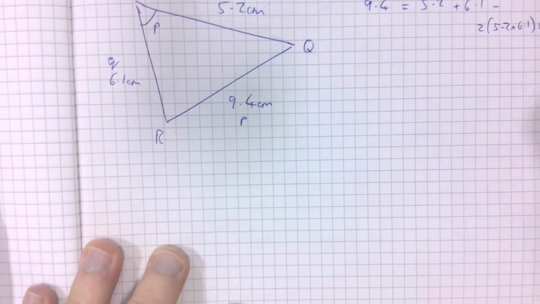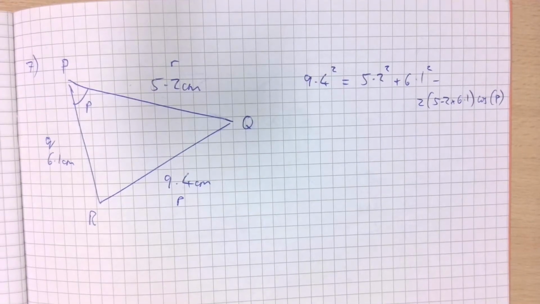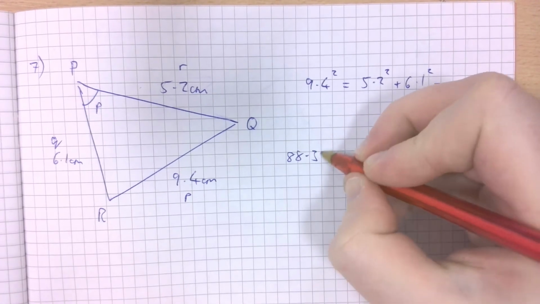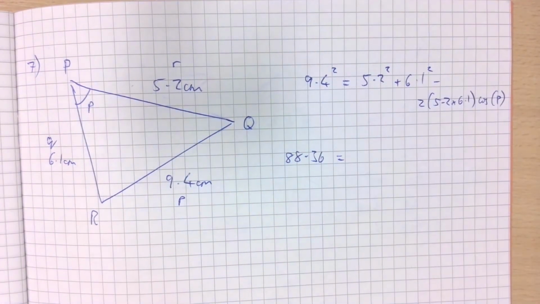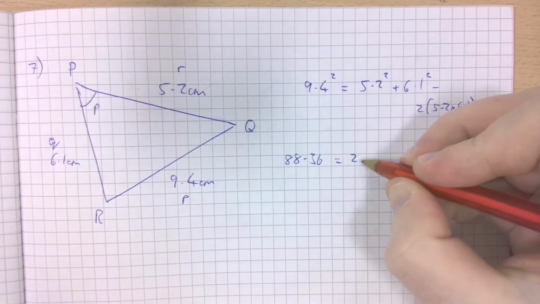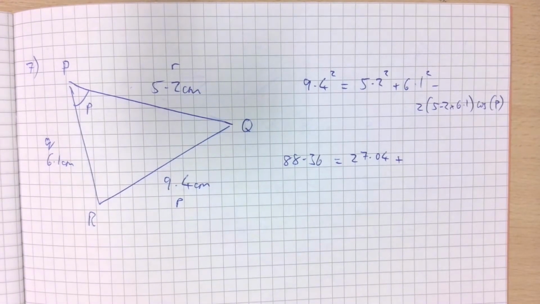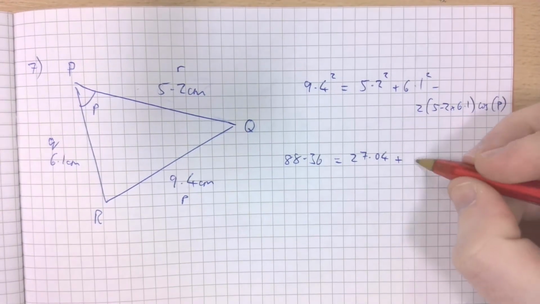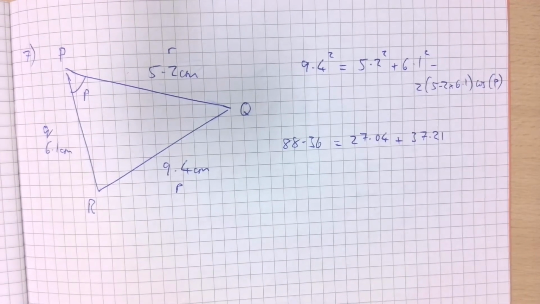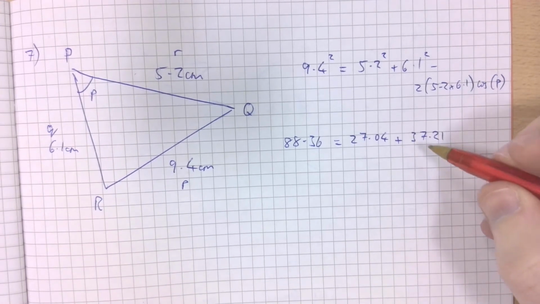That's what I don't know. Let's start figuring out some numbers here. 9.4 squared is 88.36. 5.2 squared, at this point you have my permission to get out the calculator because these are a little bit tricky, is 27.04. 6.1 squared is 37.21, and then 5.2 times 6.1 times 2 makes 63.44.